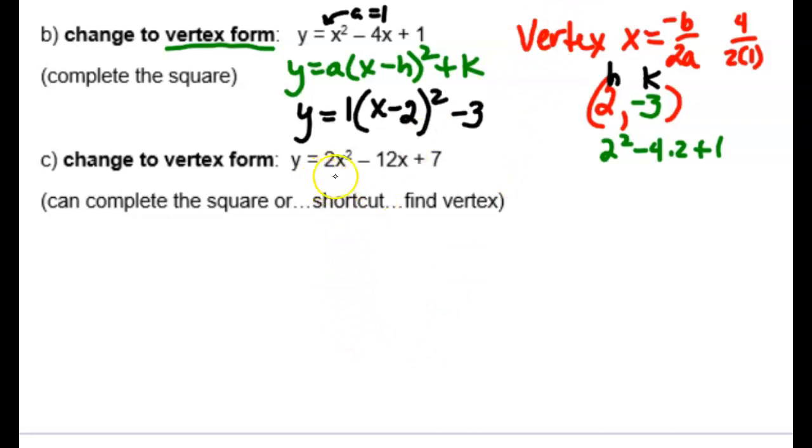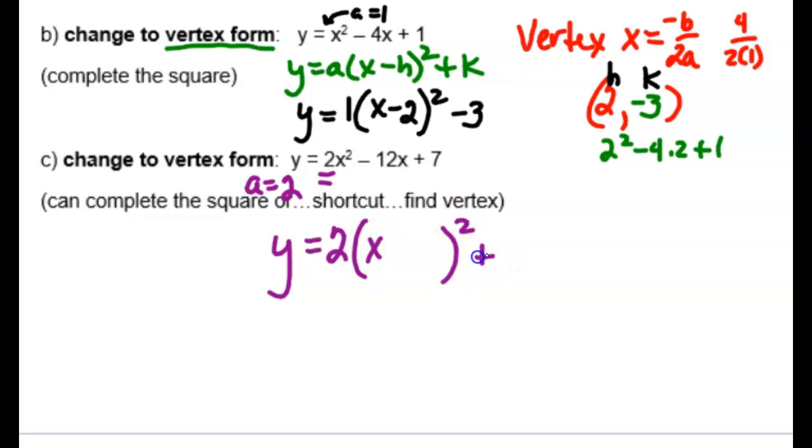I'm going to do the same thing on this. Completing this square is a nightmare when you have a number out here. If we were to start vertex form, we already know that A is 2. So we're going to have a 2 and then an x minus h squared plus k. We just need to find h and k. How did I find h and k, guys?